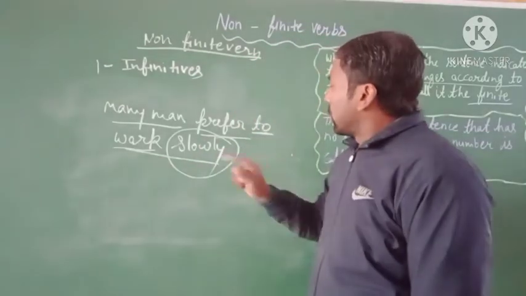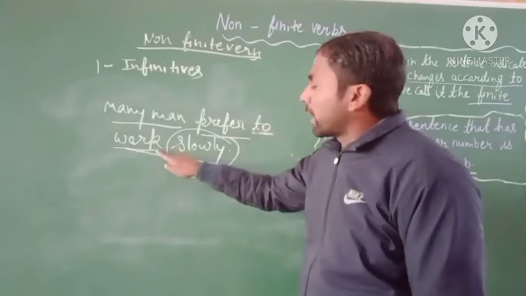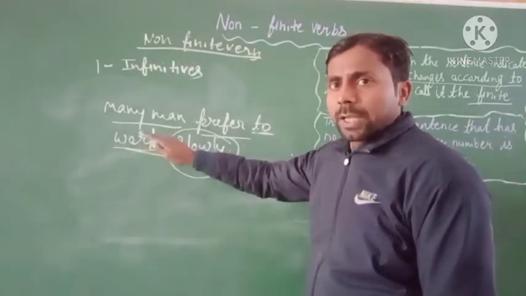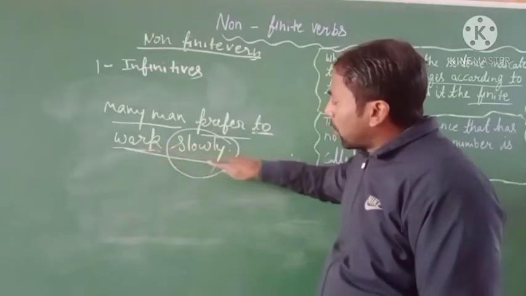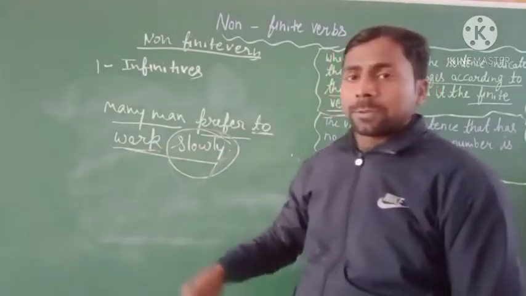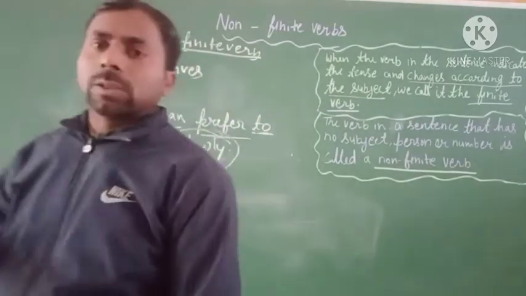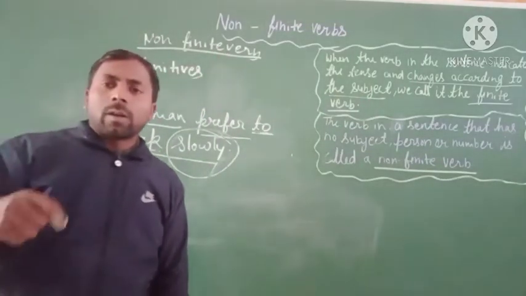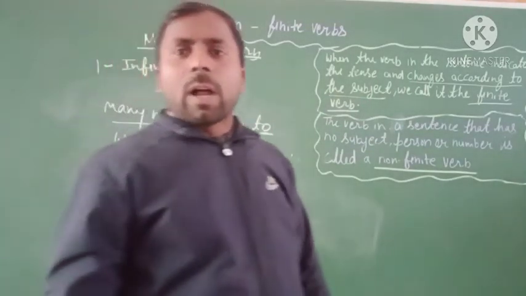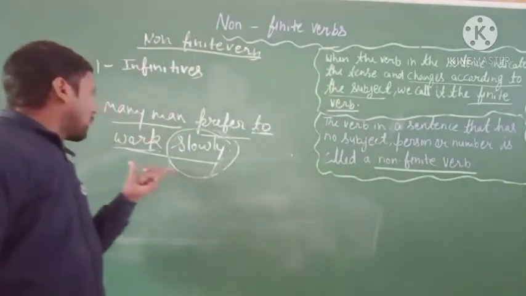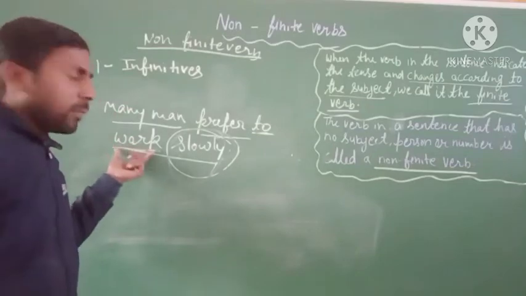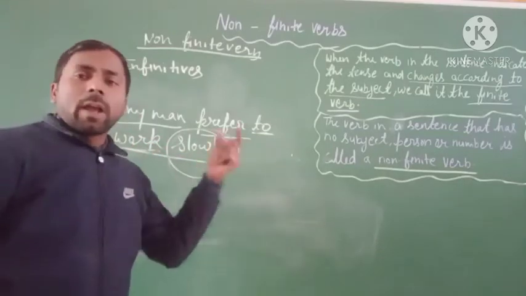So here "to work" is an object. Clear? But here it is modified by the adverb. "Slow" is an adjective, and when you add "ly", then it will be an adverb, "slowly". So this infinitive verb is modified by the adverb.